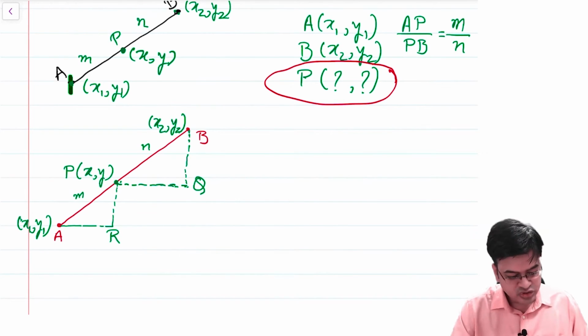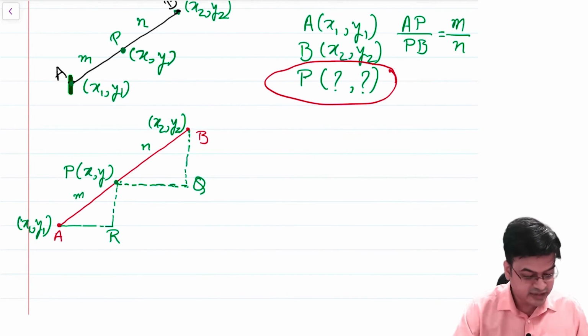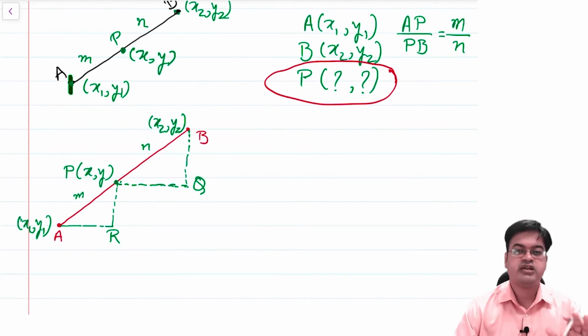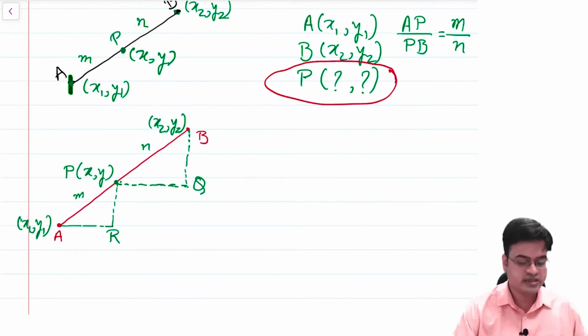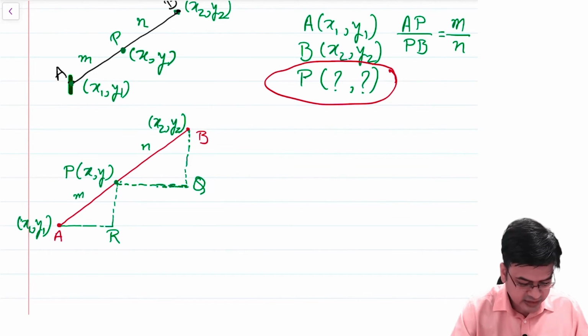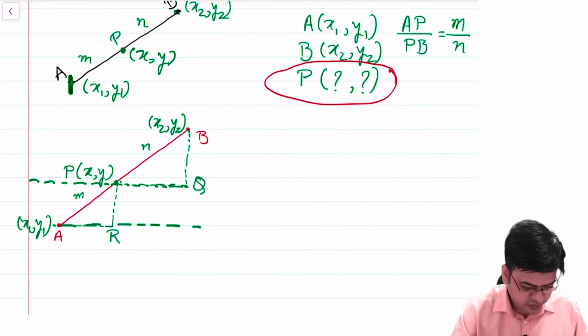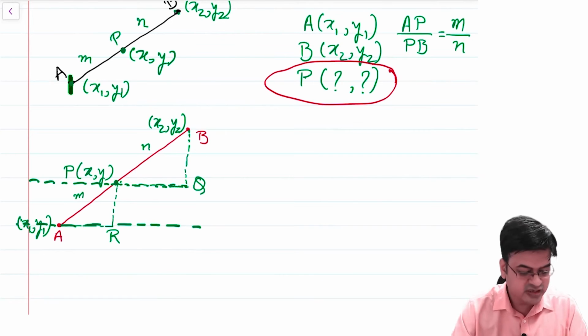Okay, so there are now two triangles in the picture. One is triangle ARP, another one is triangle PQB. What can you say about these two triangles? Again, I am using basic elementary concepts of geometry. First thing that I notice is the lines that are drawn here. These two lines are parallel lines, and the red line on which the points A and B lie is actually a transversal.